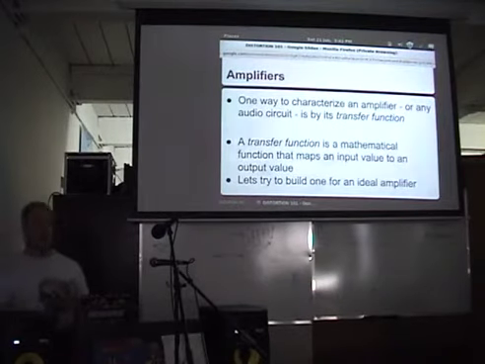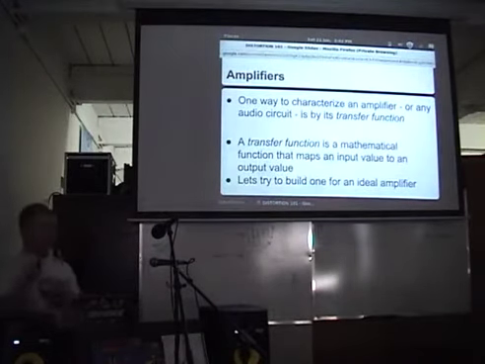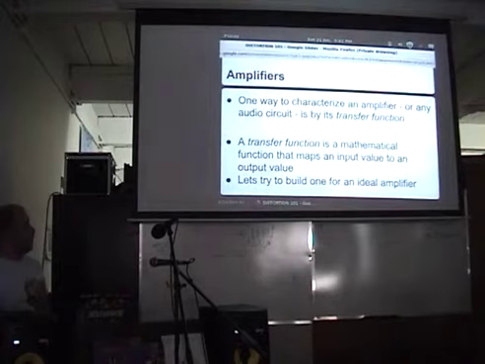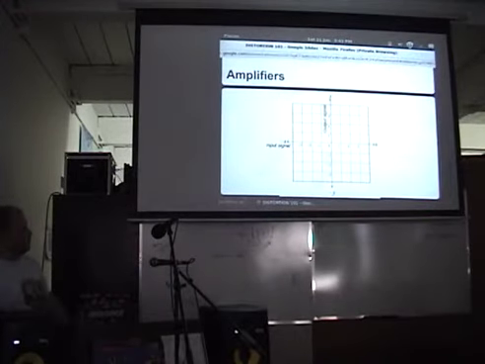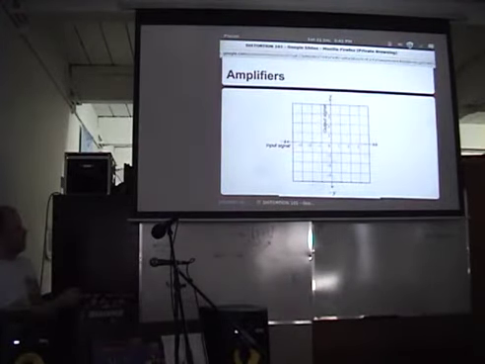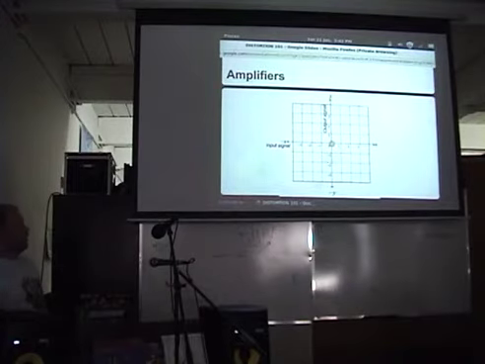One way you can characterize amplifiers, there are many, is by analyzing its transfer function, which is a mathematical way of relating an input signal on my x-axis here to an output signal.